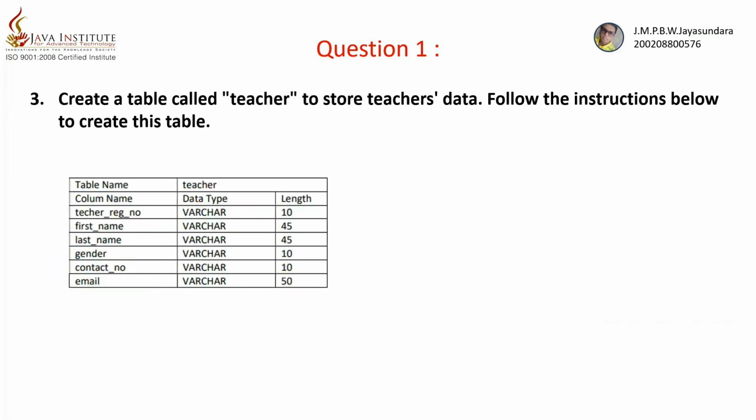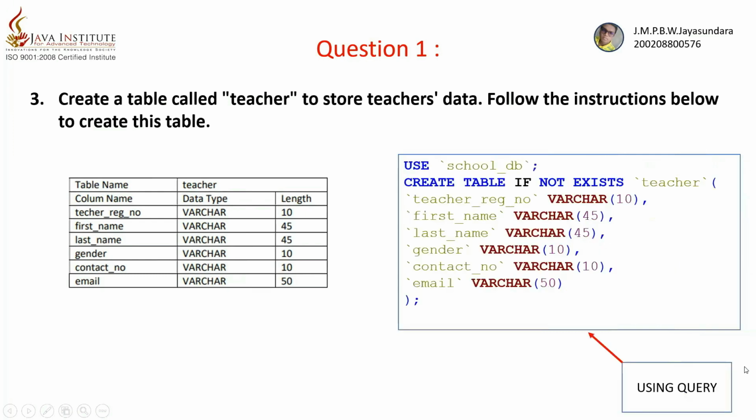Here we have our third question: create a table called teacher to store teacher's data. Follow the instructions below to create this table. And here we have been given instructions to create our teacher table. We can do this also using two methods, a query and a manual method.